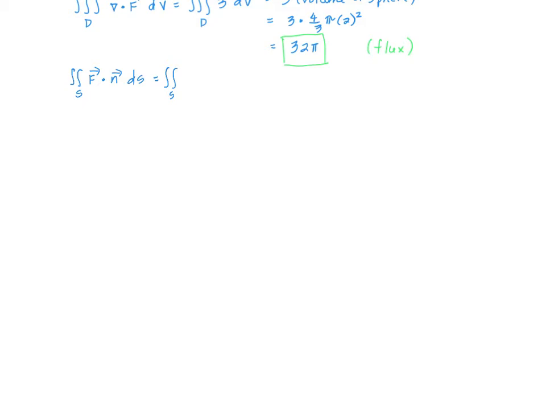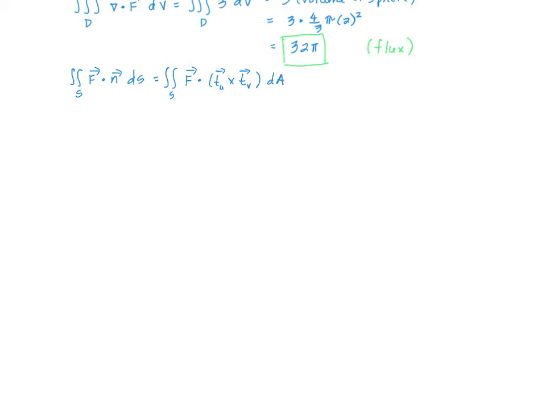But I have to be able to define a function r with respect to u and v. So I have my vector field, but I'm going to dot this with the tangent vector with respect to u, cross the tangent vector with respect to v, which is simply the derivative with respect to u cross the derivative with respect to v. Those would give me 2 vectors to cross, dA.